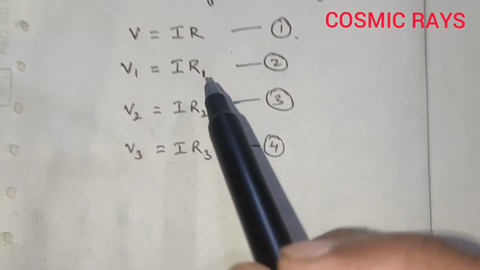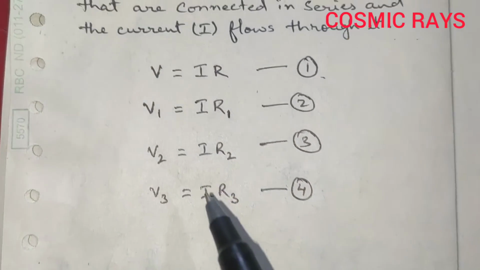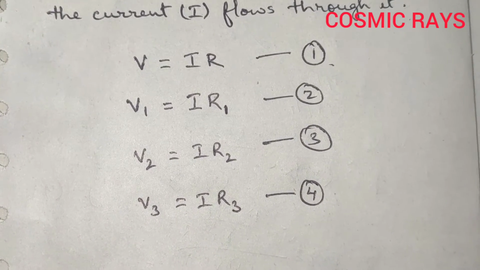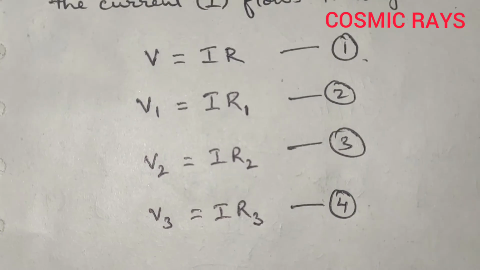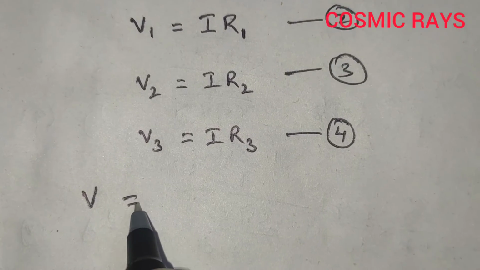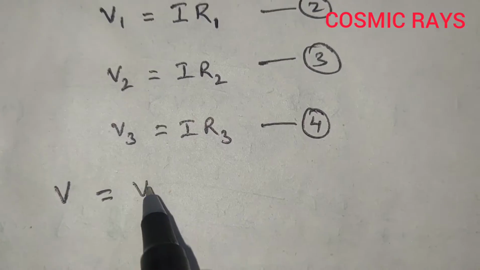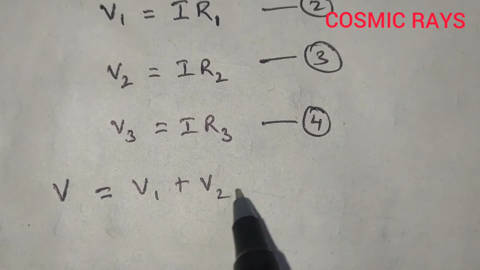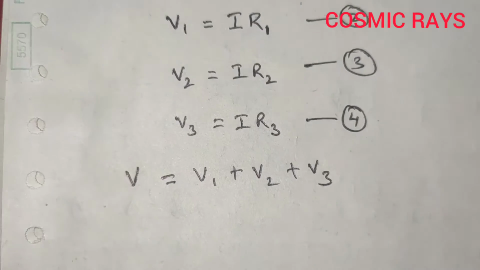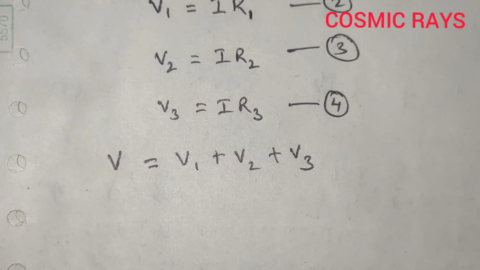So this is what we have, and in this case, that is in the series connection of resistors, the overall potential difference will be given as the sum of the individual potential differences, that is V is equal to V1 plus V2 plus V3.